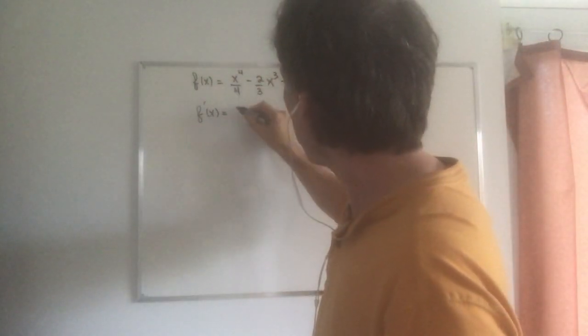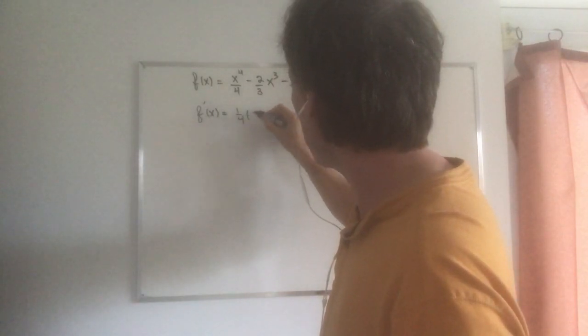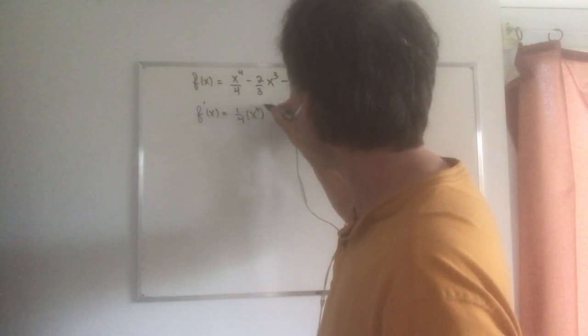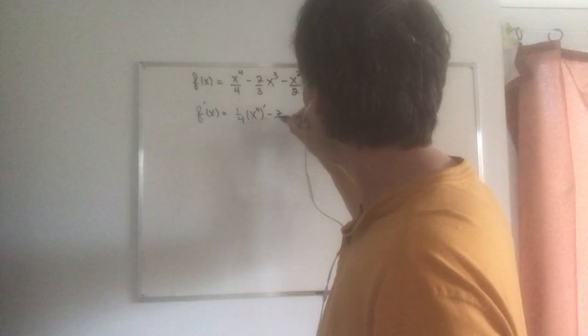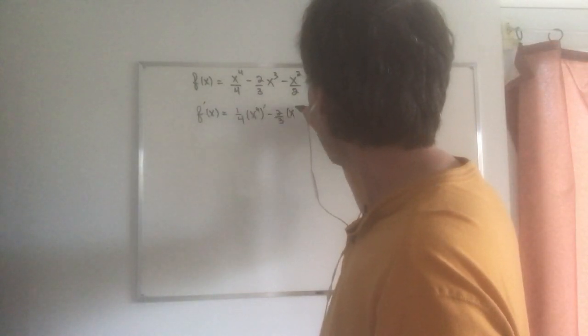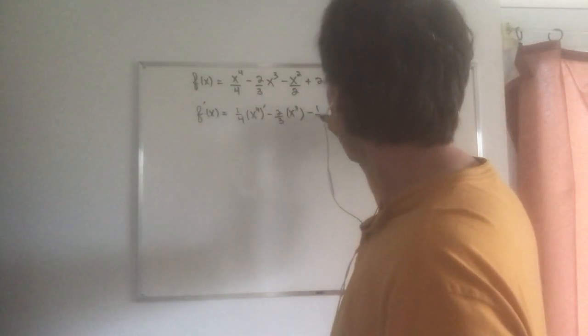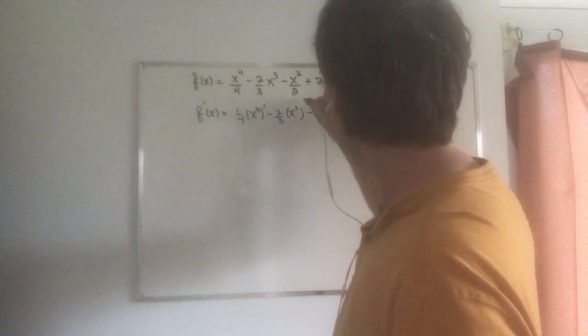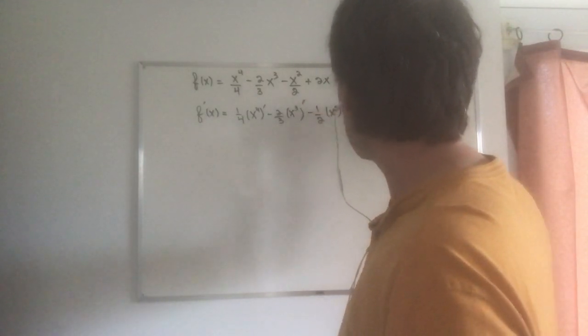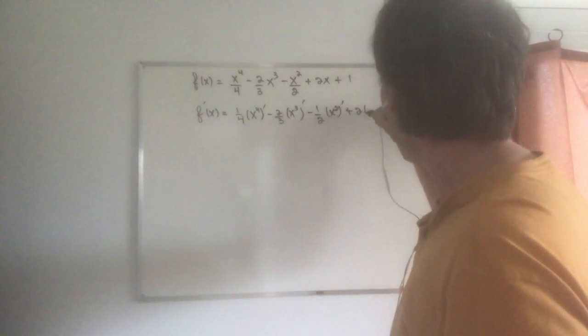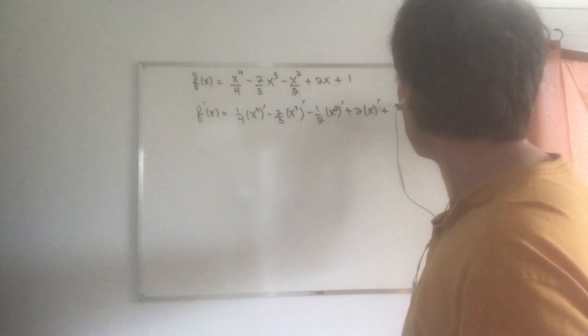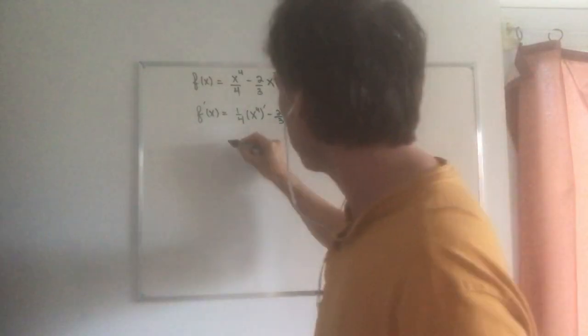This is 1/4 x^4, so I'm going to pull the 1/4 and derive the x^4. I'm going to pull out the 2/3 and derive the x^3. I'm going to pull out the 1/2 and derive the x^2. I'm going to pull out the 2, derive the x, and I'm going to derive the 1.